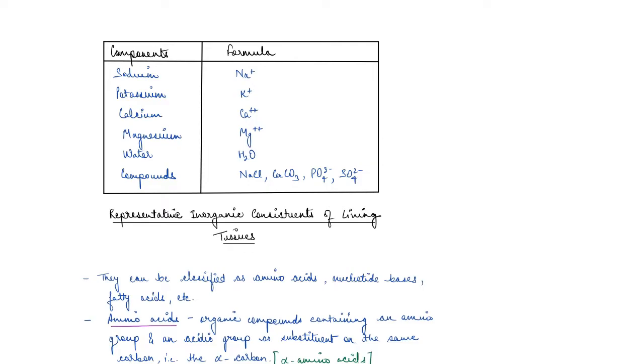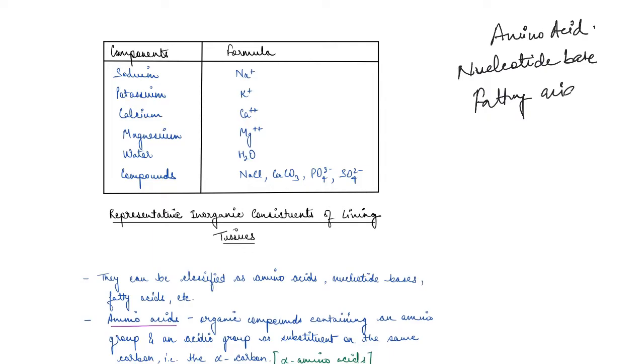If I have to classify these compounds from a biological point of view, I can classify them as amino acids, nucleotide bases, fatty acids, and all these. So let's talk about amino acids in general.